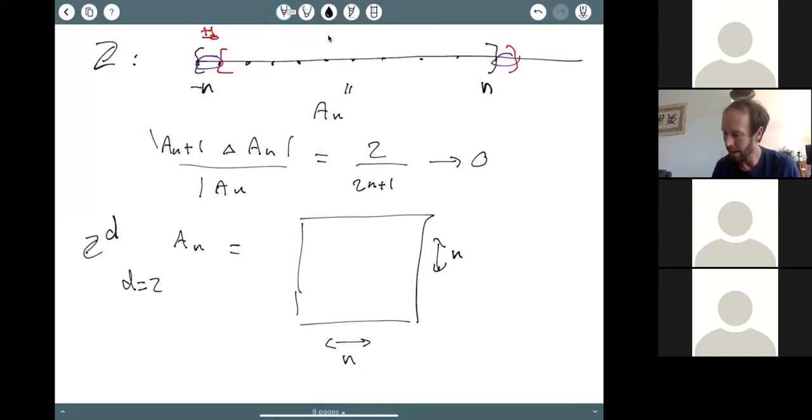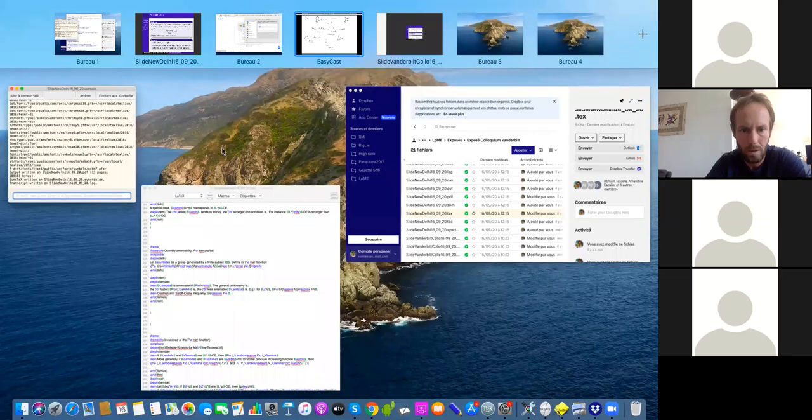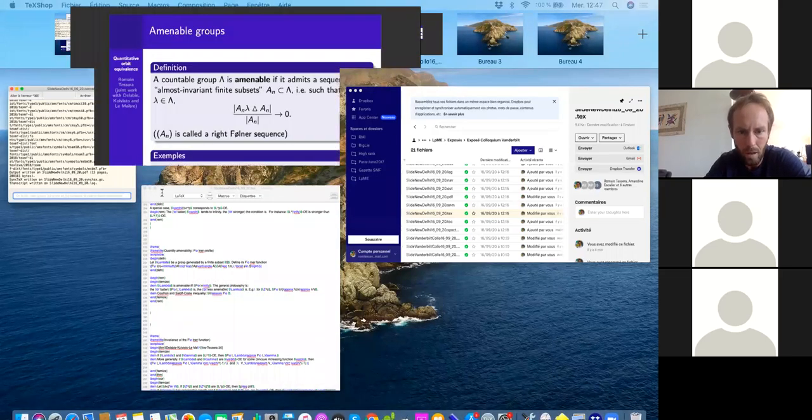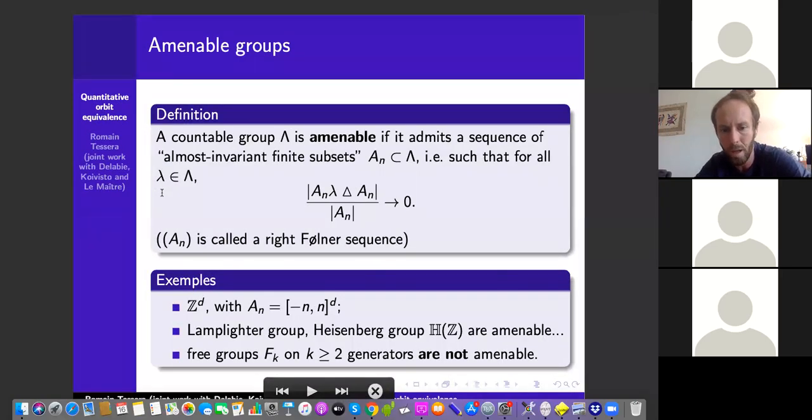Okay, and so on. So these are examples of groups which are amenable. I'm also giving 2 other examples that I'm going to define right now, but I'm going to study them a little bit more in detail later.